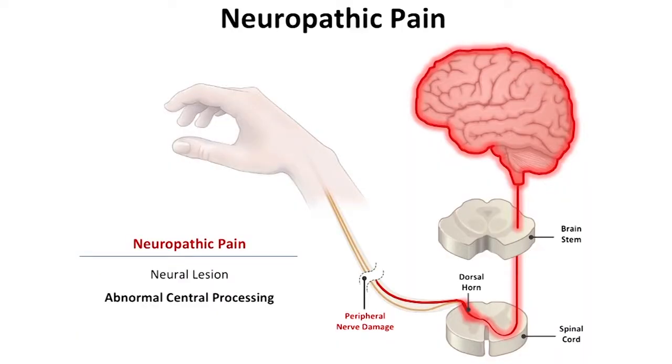The next kind of pain I wish to discuss is neuropathic pain, which, as I've indicated earlier, is pain associated with damage to the nervous system itself. And the neural lesion results in pathological changes in the function of the nervous system. So this is a true disease state of the nervous system and is associated with particularly damage to peripheral nerves, which is the commonest form of neuropathic pain, but this can also occur after a stroke or a trauma such as spinal cord injury.